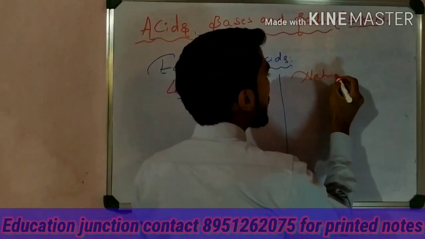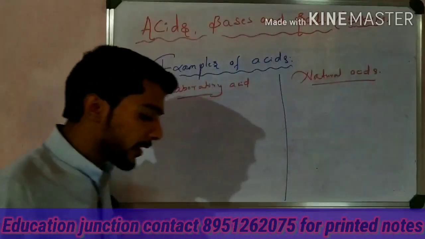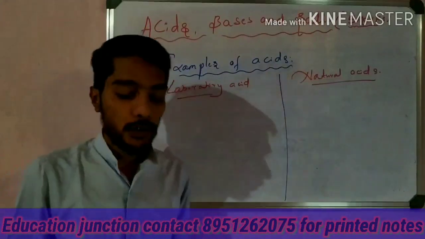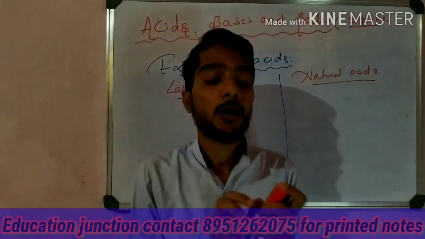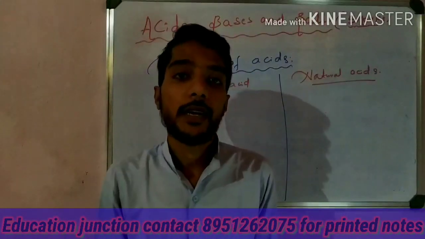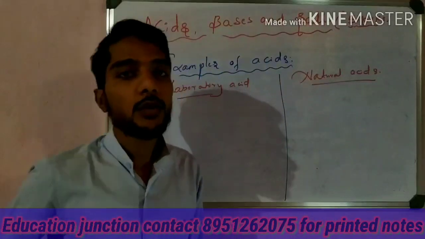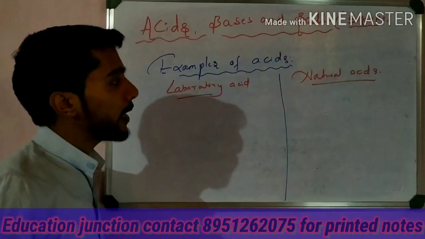This is a very important question. In natural acids, many questions are asked: which acid is present in lemon, in tomato, in milk. So we combine both together. First come to the first point, laboratory acids.